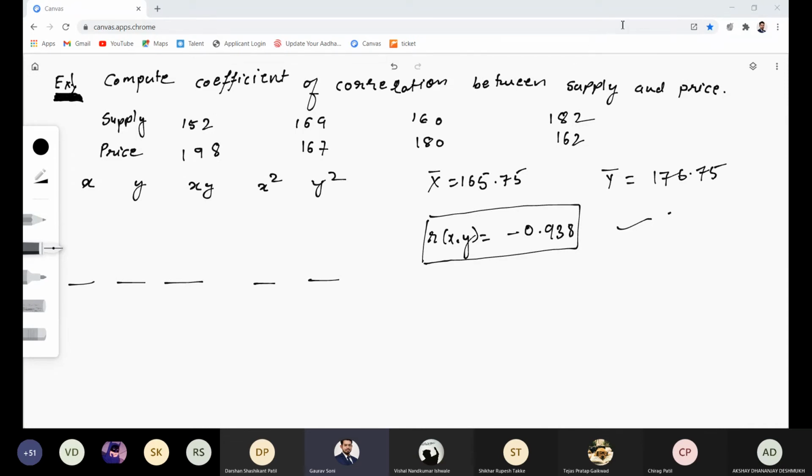Fine. Next point that we need to see is the regression lines.